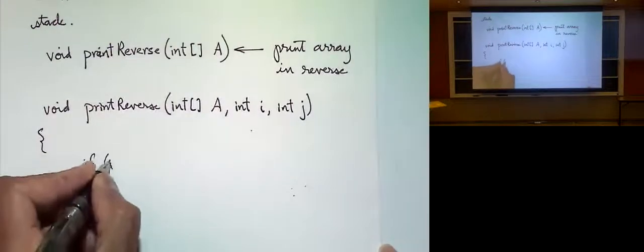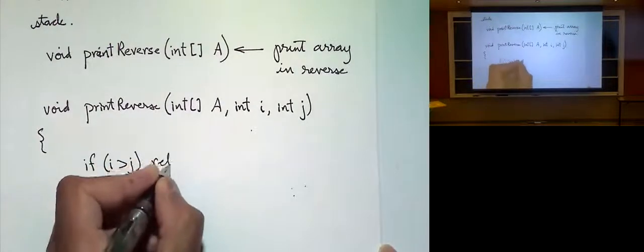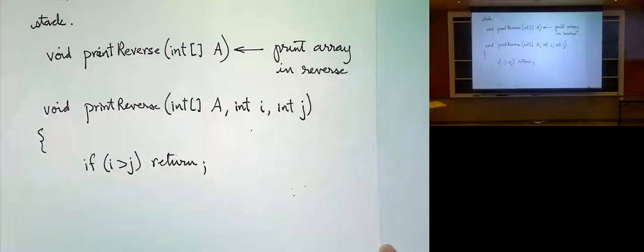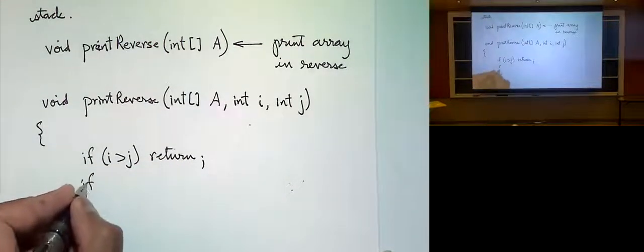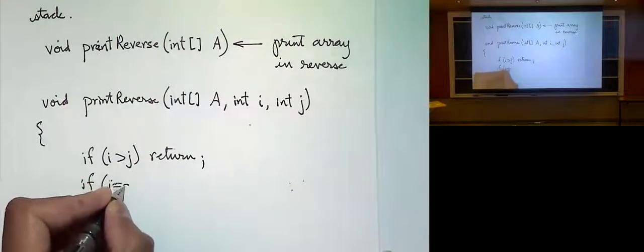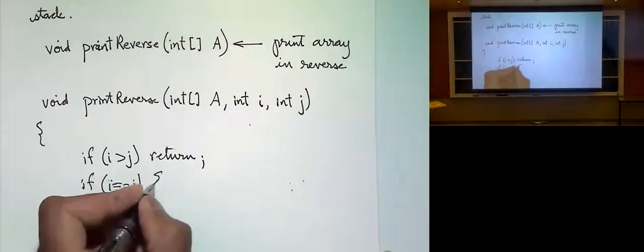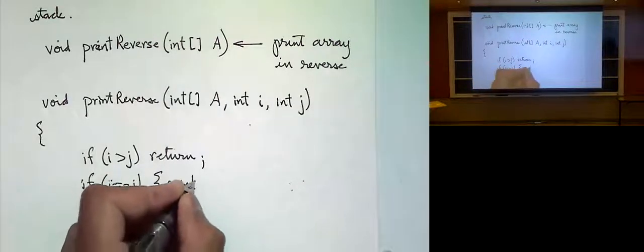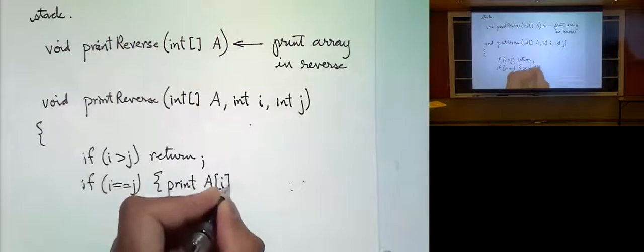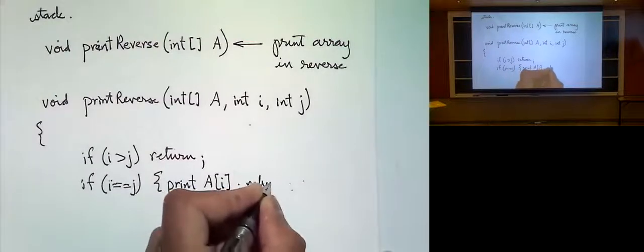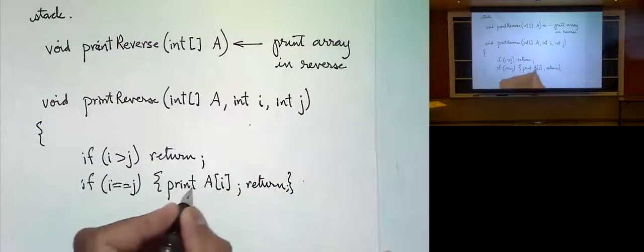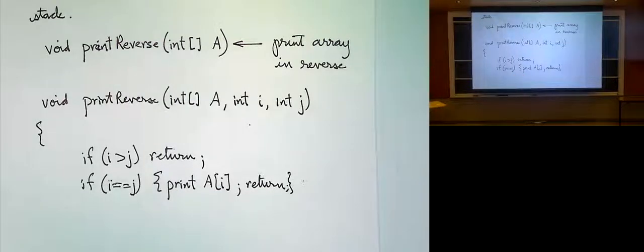I'll say if I is greater than j, then just return. If I is equal to j, then I'm just going to print a[i] and then return. Yes, the syntax is incorrect, but hopefully you understand what I mean. Just print the ith element of the array.